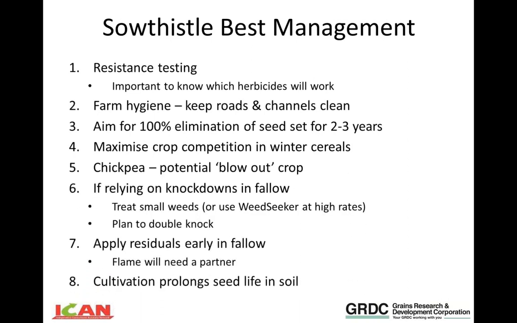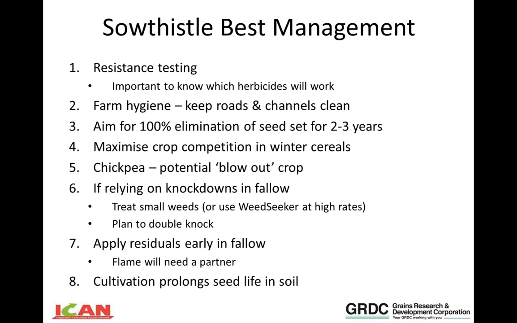Okay, so the first thing that you really need to do is be aware of your population of sowthistle and what will and won't work. The only way to do this is through resistance testing. Now, you might have done testing in the past for species like barnyard grass. So the same premise applies. If you want to make best use of your herbicide options that are available, you need to know what's working.